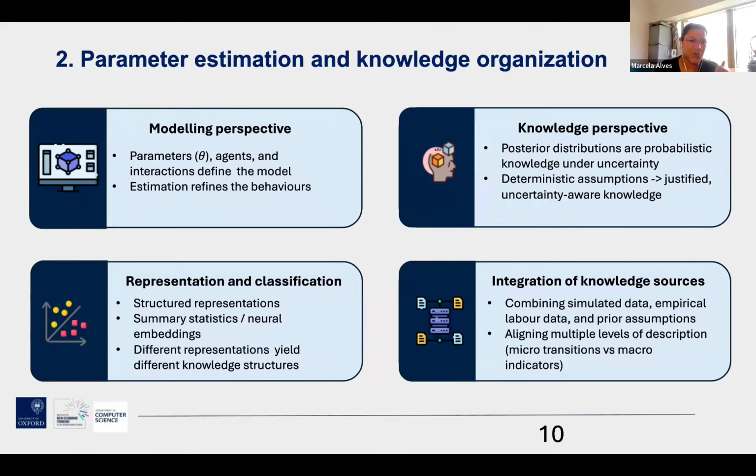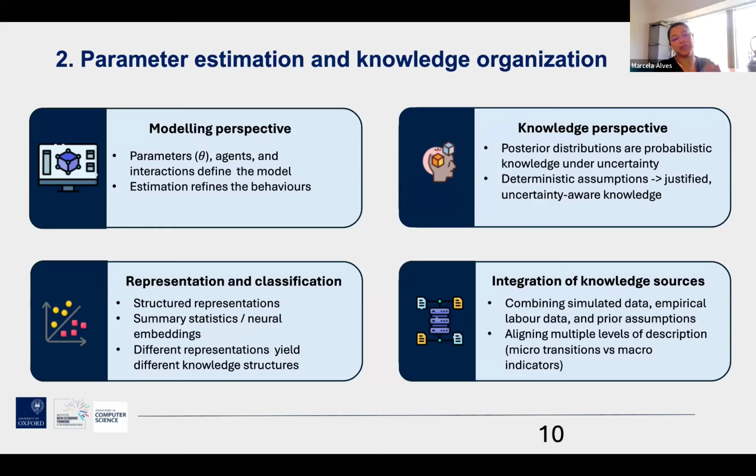There is a very strong case for representation and classification, right? We need a structured representation of data in order to process it in a computer or in a pipeline. We do have this issue of summary statistics: getting this huge amount of data and trying to simplify it using a list of statistical measures to describe it, which most of the time is not enough.